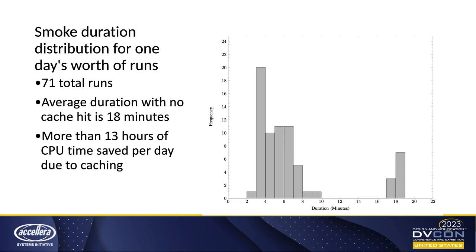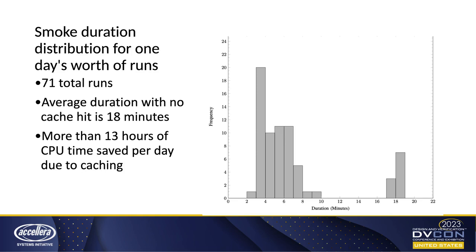Right? But what we see here is that typically not everything needs to be built and run. Only on the very right side of the graph, only a handful of times of the day did someone touch something that required everything to be built and run. And on the very left, you see only a handful of times did someone touch something that required nothing to be run, but that still happened a couple of times.